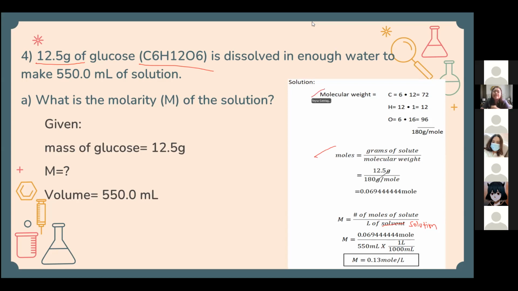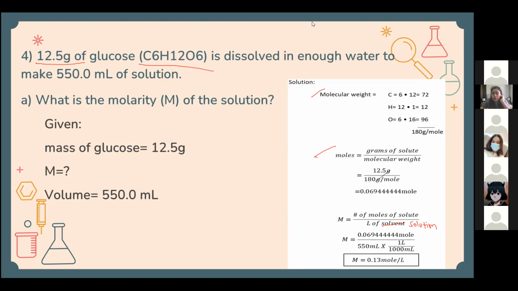You have to list down all the elements. So you have carbon, hydrogen, and oxygen. And you have to determine how many atoms of each element are present in the compound. So you have six carbons, 12 hydrogens, and 6 oxygens. Then you multiply each with their atomic weights rounded off to the nearest whole number.